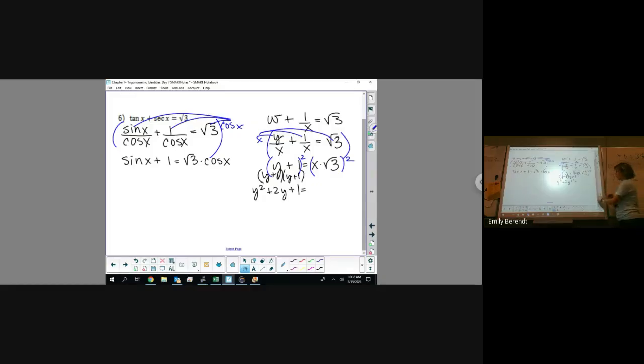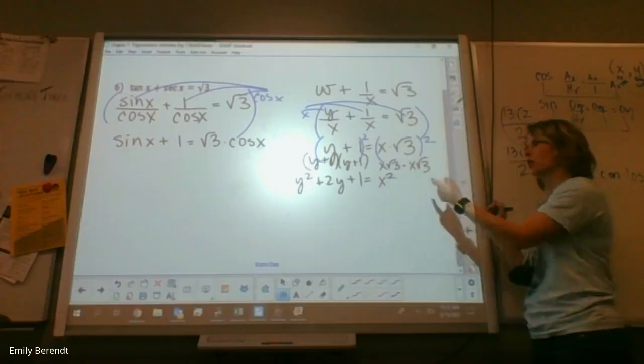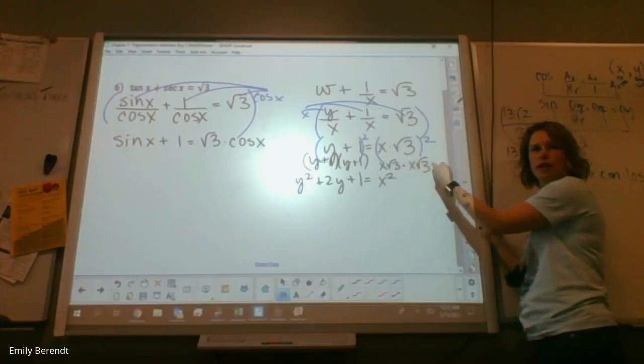So you're taking x root 3 times x root 3, right? There's no foiling. x times x would make x squared. What's root 3 times root 3? Just 3.